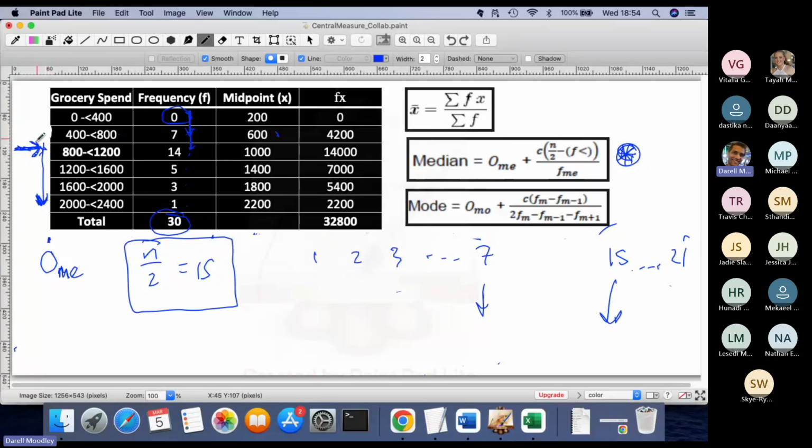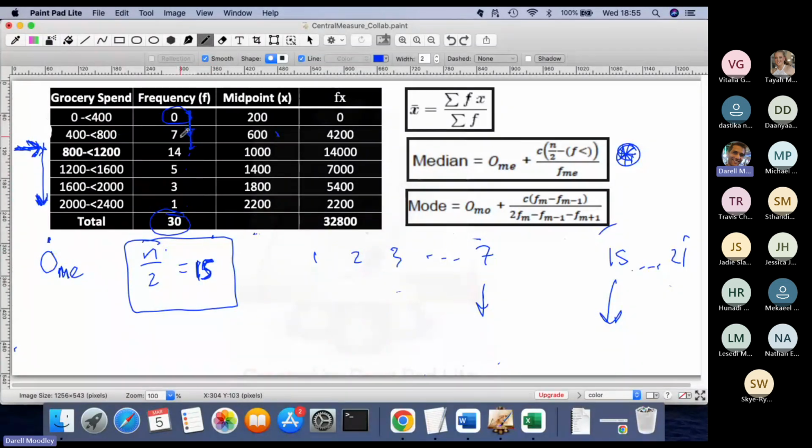So remember, the middle person is found by dividing your frequency by 2, and that'll tell you what position that person, or data point, should be. Our n is 30, so we divide 30 by 2, and that means it's the 15th person that we're looking for.